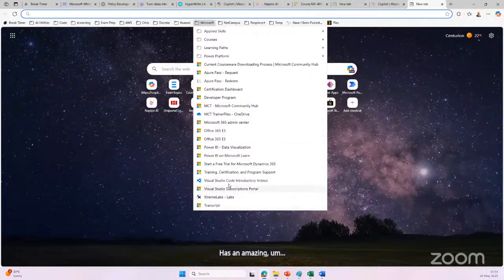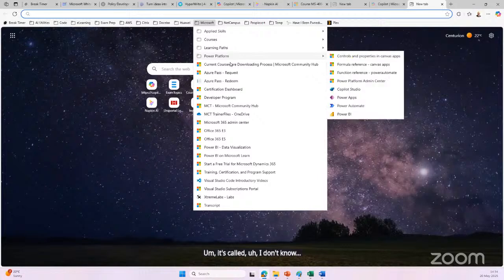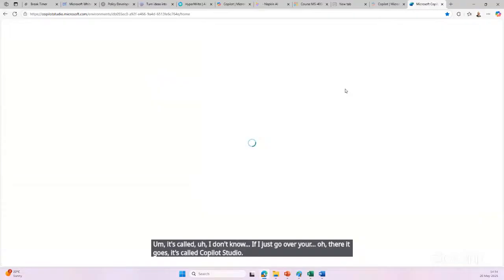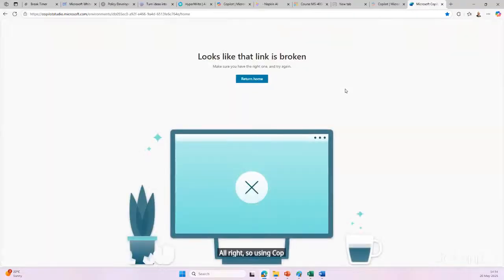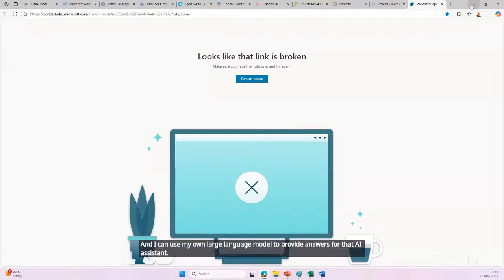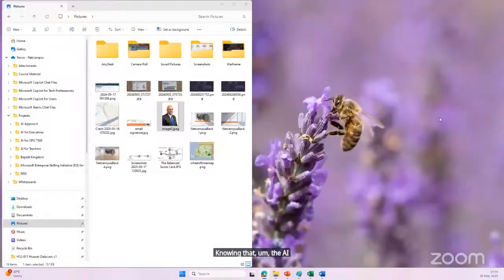It's called Copilot Studio. All right. So using Copilot Studio, I can build my own AI assistant, and I can use my own large language model to provide answers for that AI assistant, knowing that the AI assistant is private in nature.